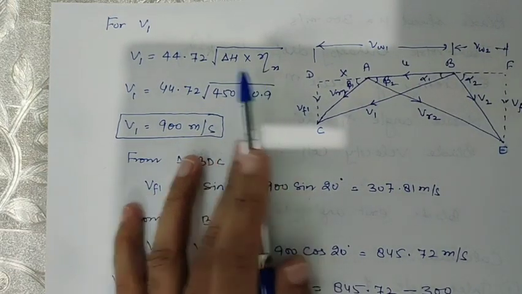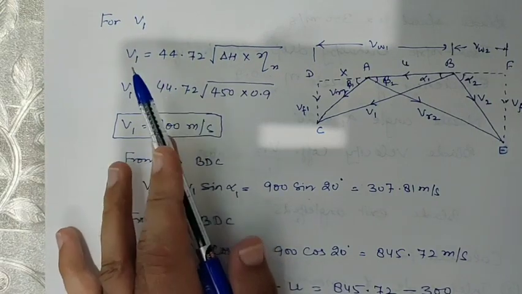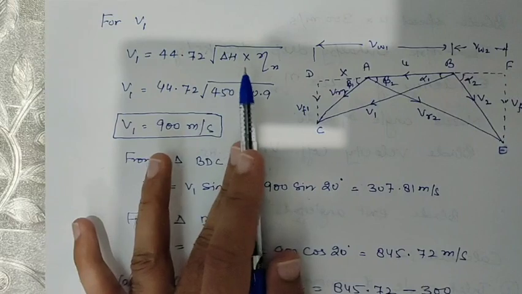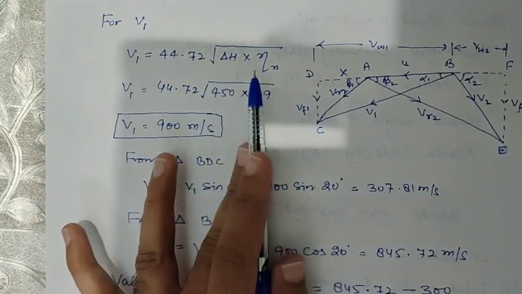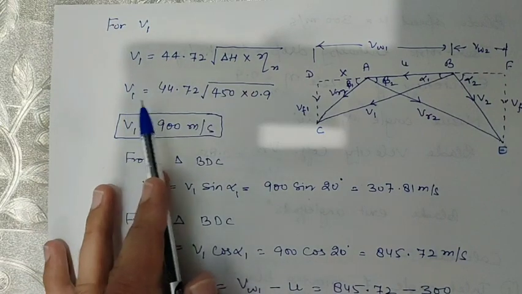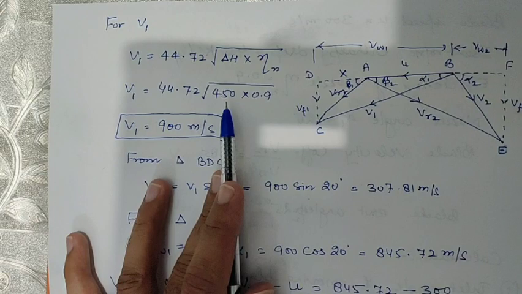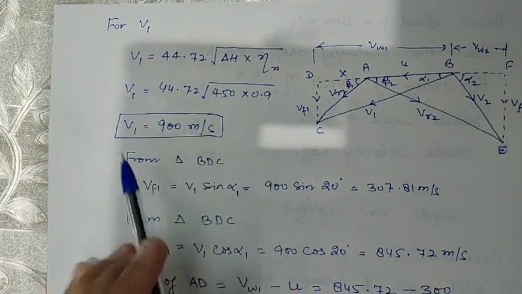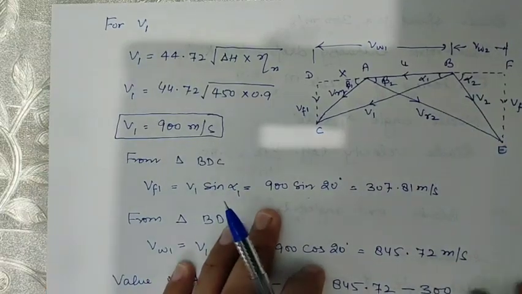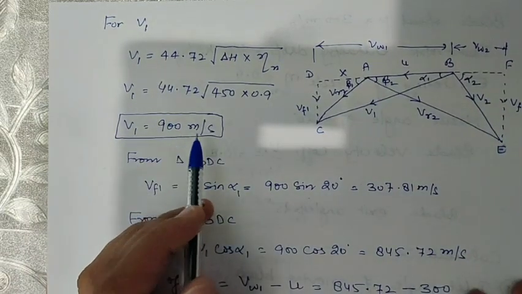If you recall my previous lecture, nozzle efficiency is equal to V square by delta H. So V1 is equal to 44.72 under root 450 into 0.9, and the absolute inlet velocity is 900 meter per second.